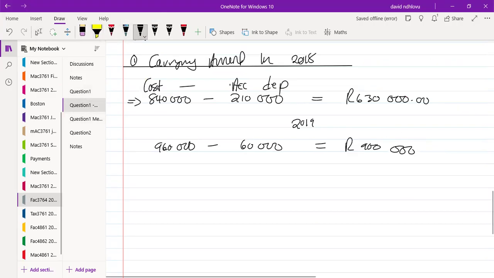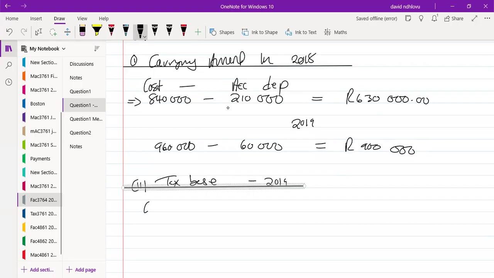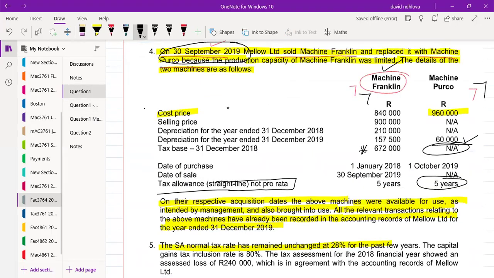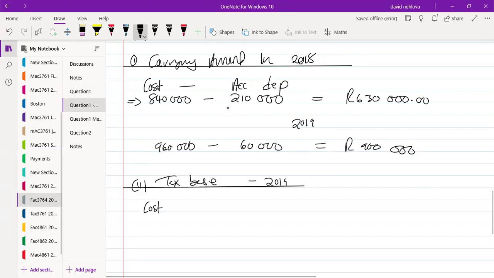So we have a chance to calculate the tax base. The tax base of an asset is calculated in a similar manner to the carrying amount of an asset. So you need the cost of the asset, which is 960 there, as given.